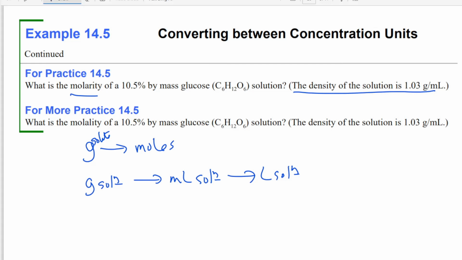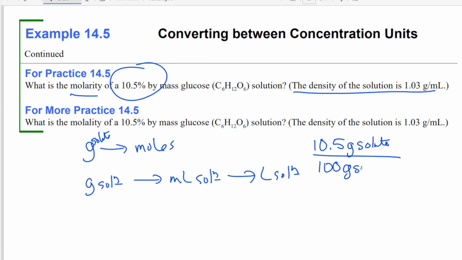Alright, so we're starting with, well, let's revisit what 10.5% means. That means we have 10.5 grams of solute per every 100 grams of solution. That's what 10.5% by mass means.